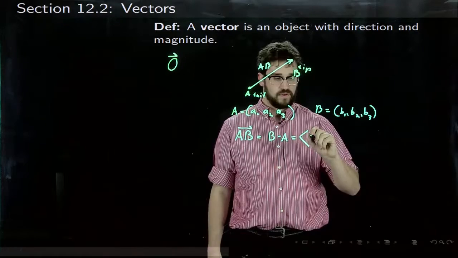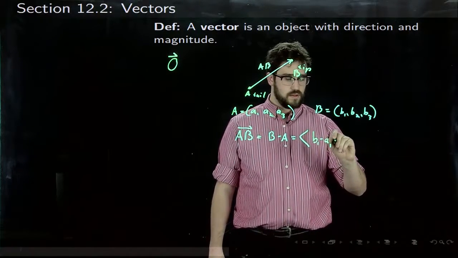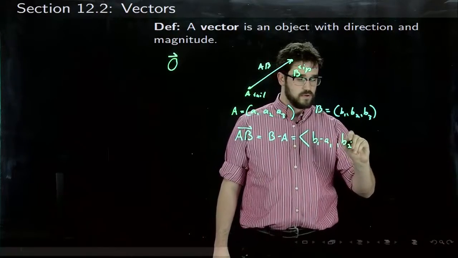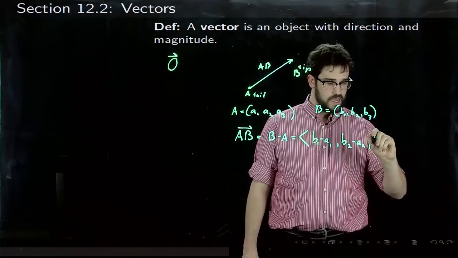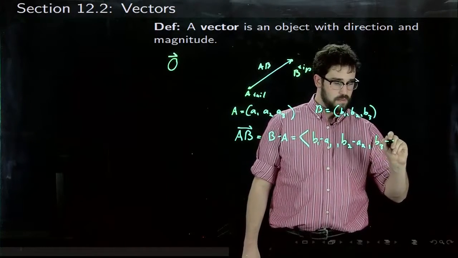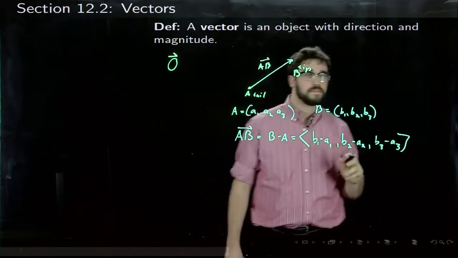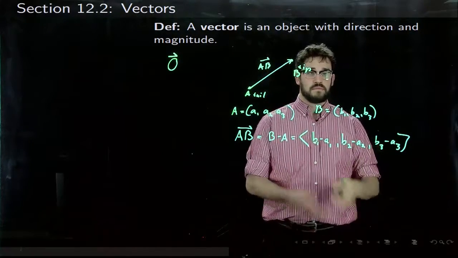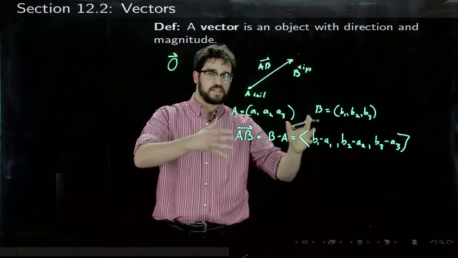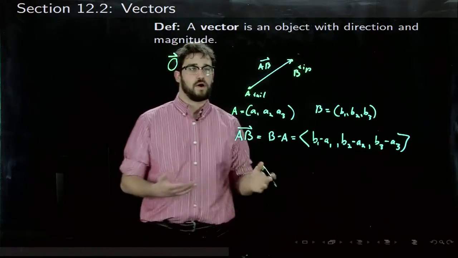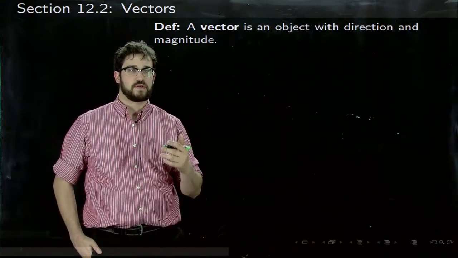So you'd have, by points, ⟨B1 minus A1, B2 minus A2, and B3 minus A3⟩, which this should be a little hat right here. And this would work for R2 as well, but we're just talking about this right now as if it was in R3. So let's talk about some operations with these vectors.